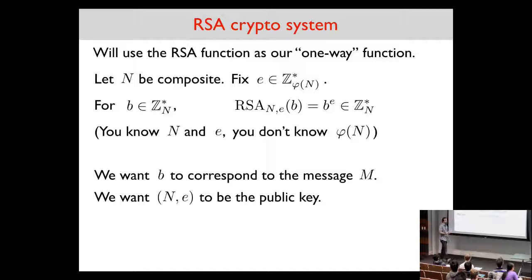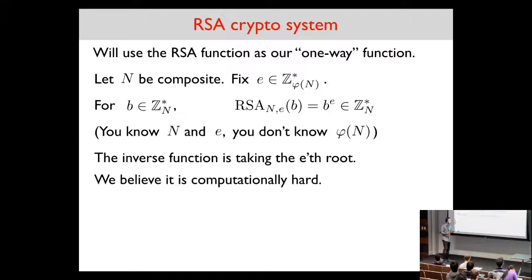And what's going to be our public key? Our public key is going to be n comma e, because this is what we need to be able to compute this RSA function. Once we know the n and the e, and we have our message, we can apply this function and do the encoding.